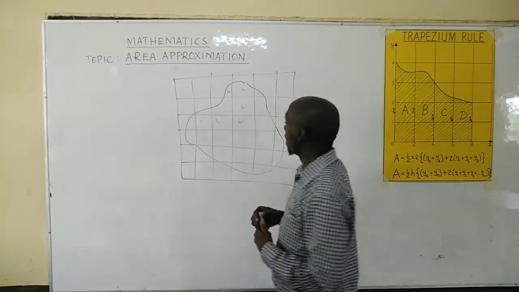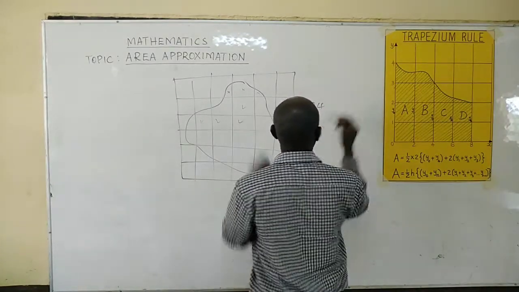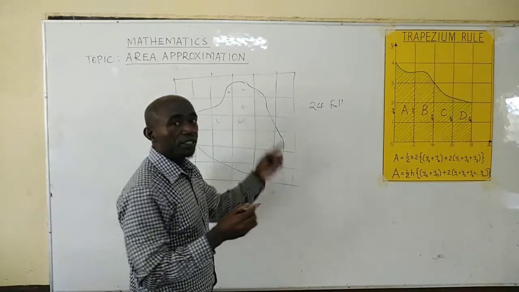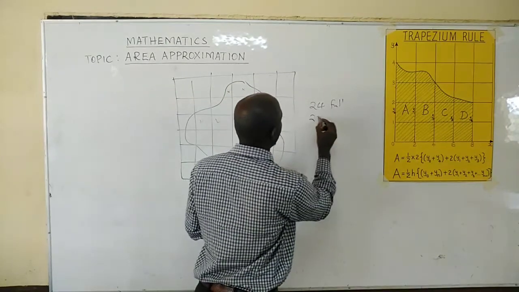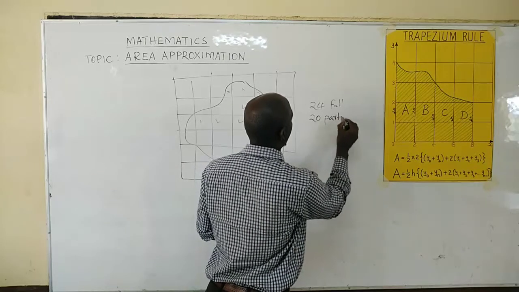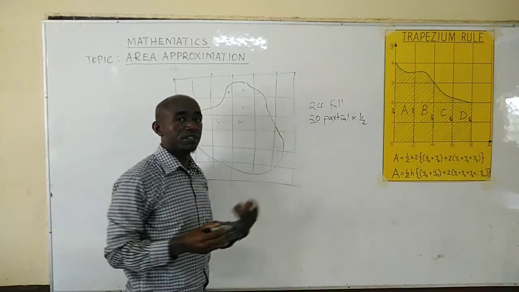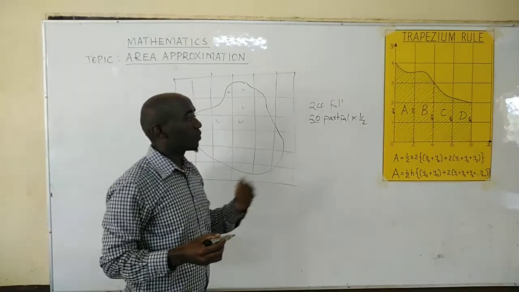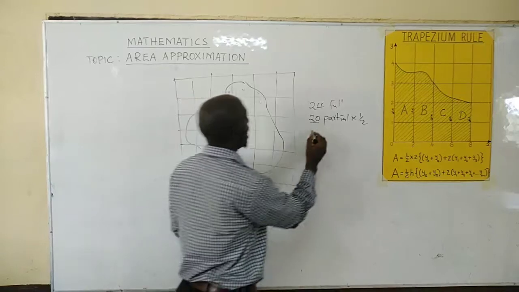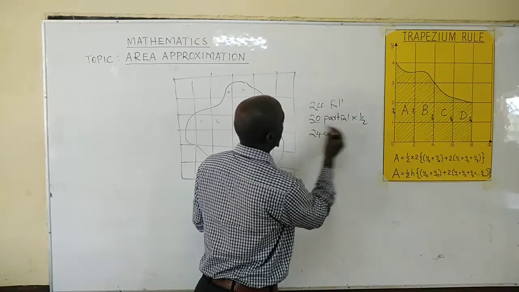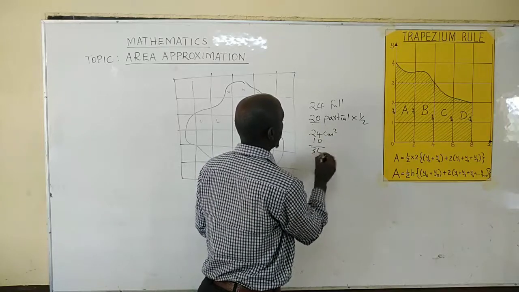If, for example, there are 24 full squares, it's just an example, and we have, let's say, 20 partial squares, you just multiply the partial squares times a half, because each one of them is half a square centimeter. So you just add 24 centimeters squared plus the half of 20, which is 10, you get 34.